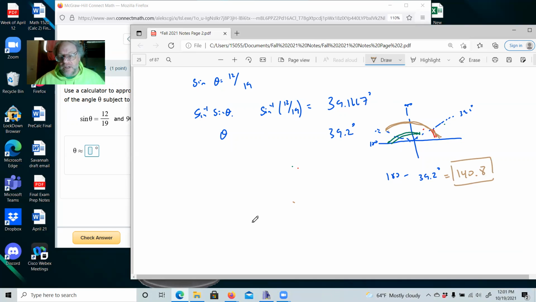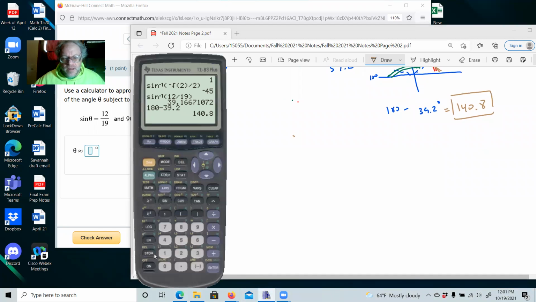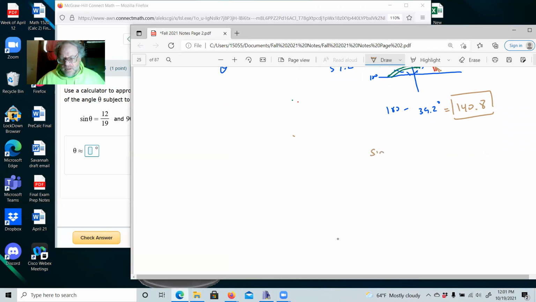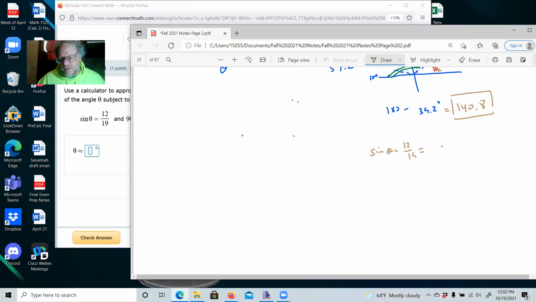Now, if you're unclear, what's 12 over 19? Take a look at that. Okay, double check our answer here. So sine of an angle equals 12 over 19, which was approximately 0.632. It's not going to be exact.